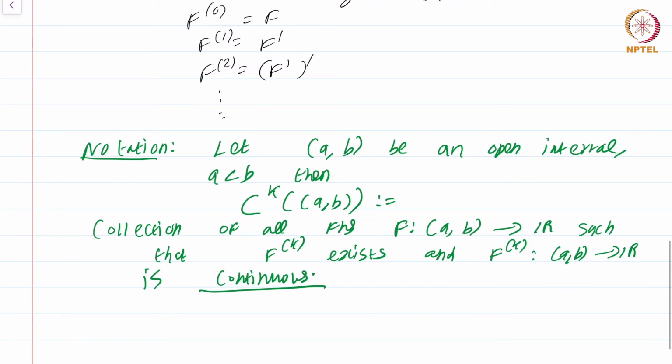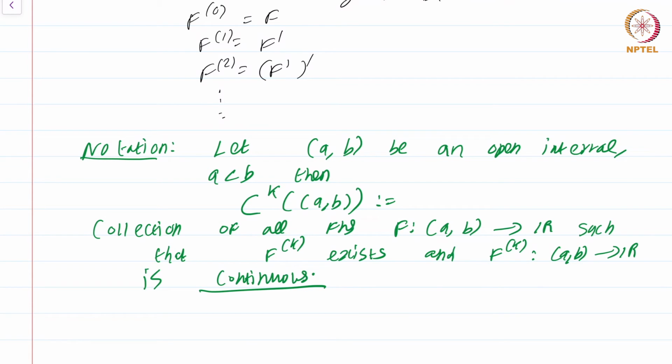So C^k of the open interval (a,b) is the collection of all functions f from (a,b) to R such that f^(k) exists and f^(k) is continuous. If you think about this definition for a couple of moments, you will realize that automatically f^(k-1) exists, because that's the way f^(k) was defined.